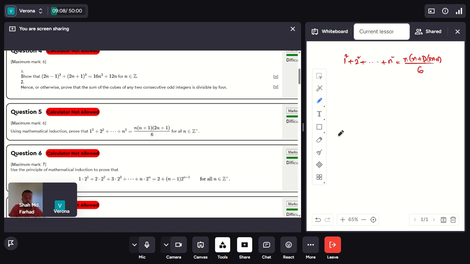So at first, if we put n equals 1, then we get the right side. What will be the right side?